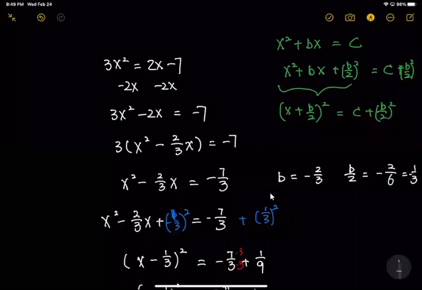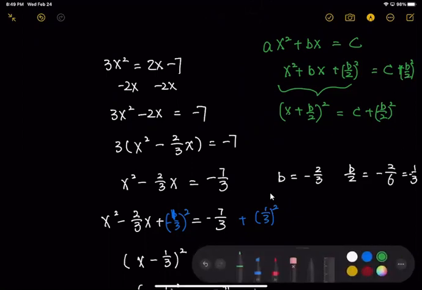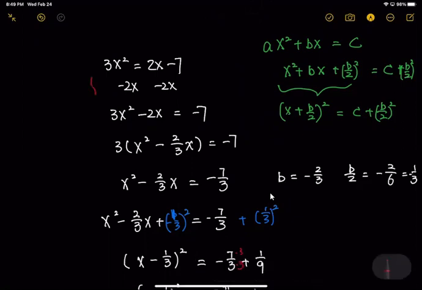Okay, what if we have a as our leading coefficient? What you want to do is factor the a out first, like what we did in this example, where we factored out this 3, so that your b becomes b over a.